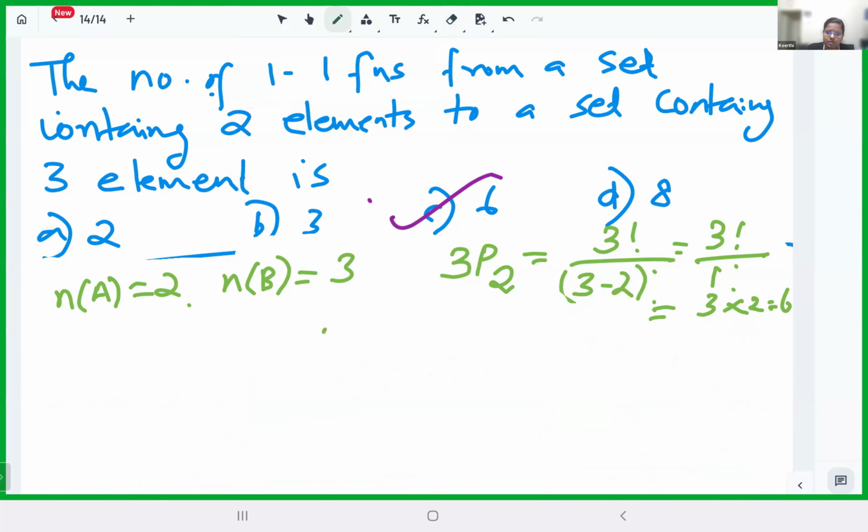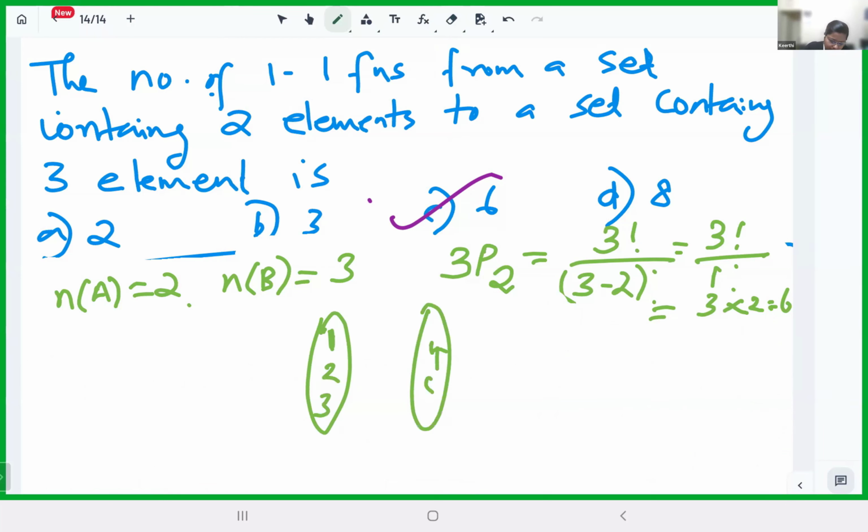There won't be any one-one function on such a type of set. So if I'm taking 1, 2, 3, and 4, 5.